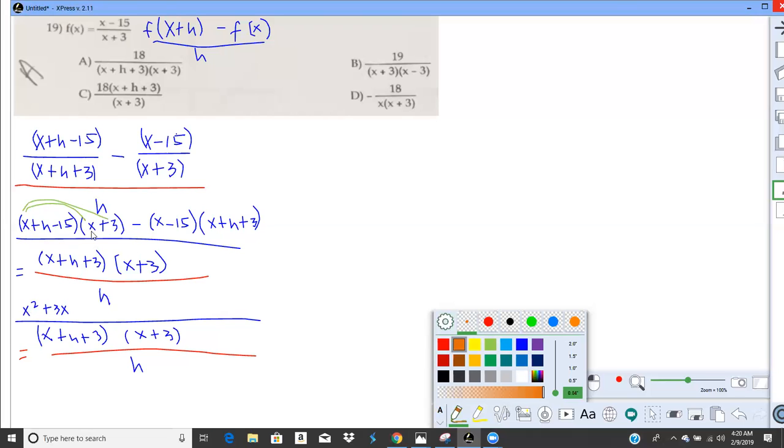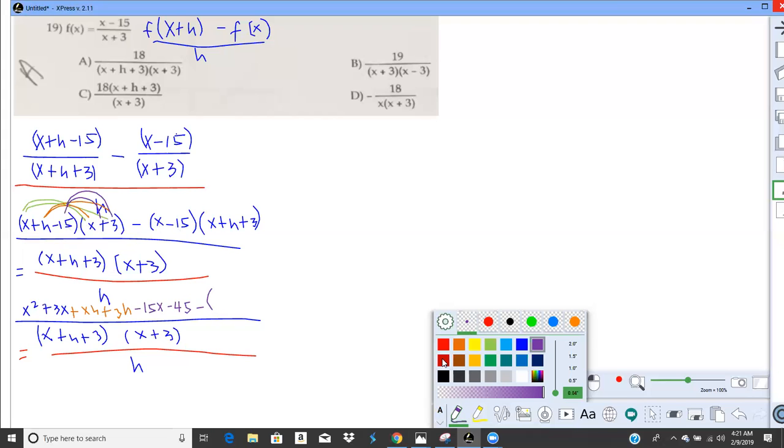Now we will work on h. You multiply this to both, so now you have plus xh plus 3h. Next, we will use negative 15 on these two: negative 15x and then negative 45. All of this is just for this. Minus. Now this is a minus sign, so you need to enclose all the answer inside parentheses.